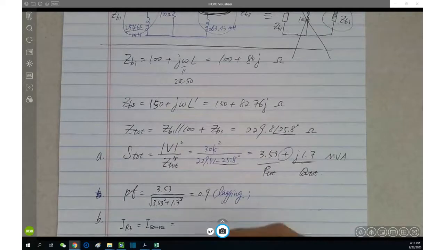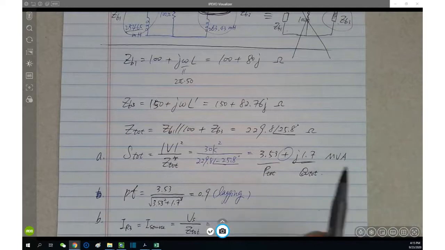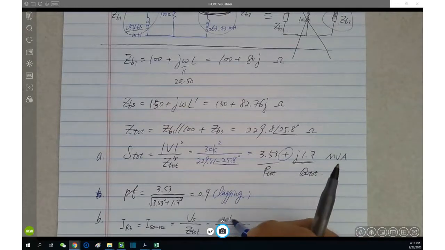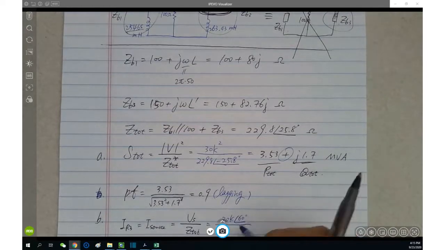And it equals what? How about just the source voltage divided by the total impedance? And then you substitute everything in.